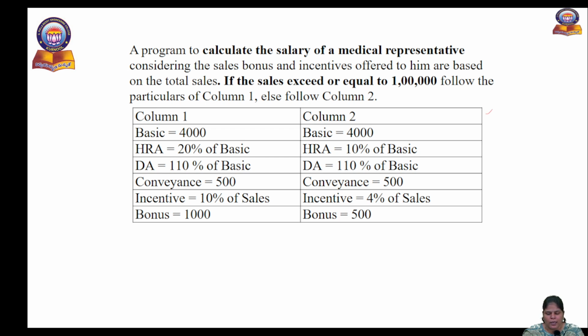So I need to calculate the salary of the medical representative. This data will be followed if the sales is greater than or equal to 1 lakh. Otherwise we will be following the other. So this will come as an if statement, and this will come as the else statement.